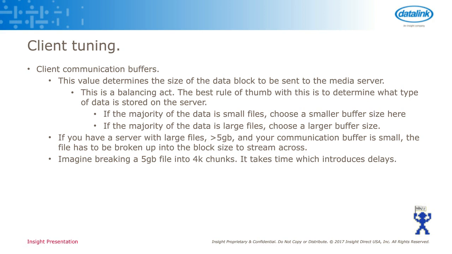For very large files, with the majority of the files being that way, that's going to be a very intensive process. So increasing the client communication buffer to, say, 128 or even 256 is going to significantly improve your performance. That's a lot fewer chunks of data being sent over.